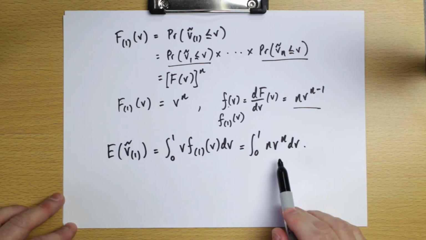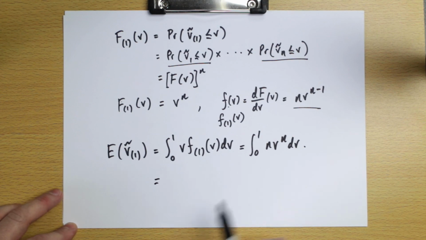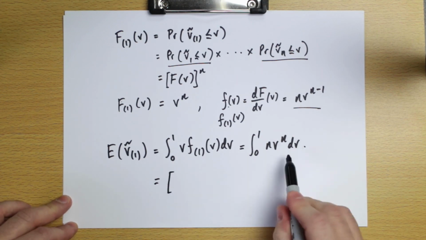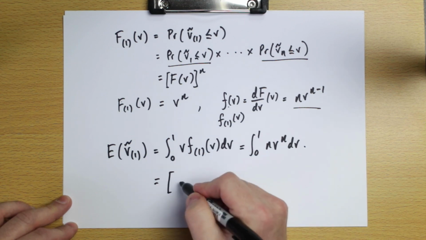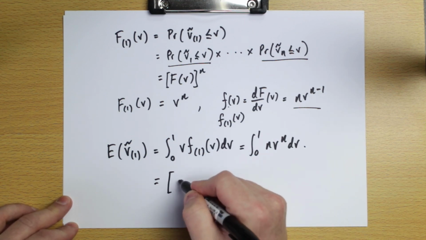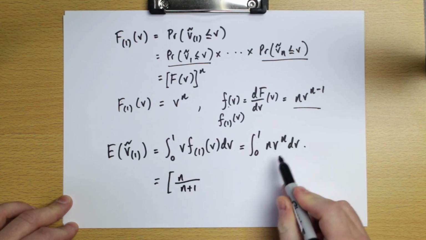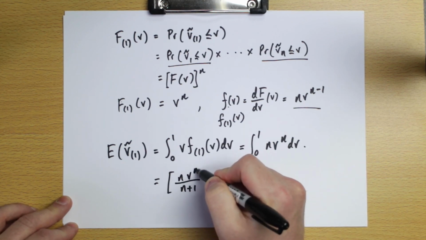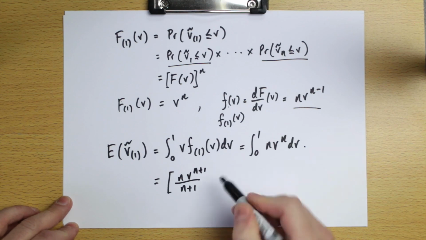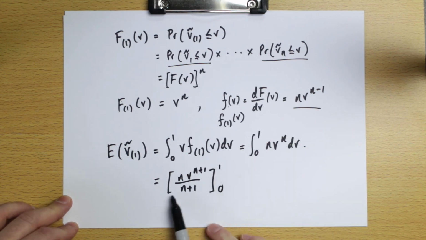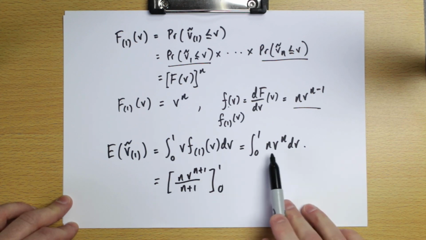So this isn't too difficult to handle. I can take that integral and it's the reverse of differentiation. So I would say this is n divided by n plus 1 times v to the power n plus 1. Just double check, if I differentiate this, I get this.